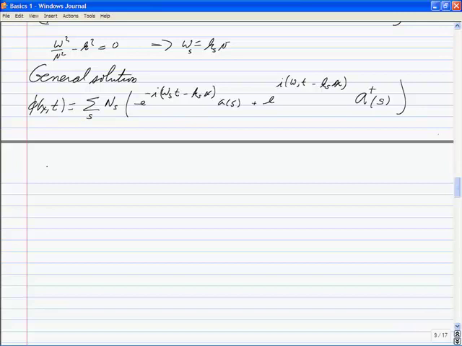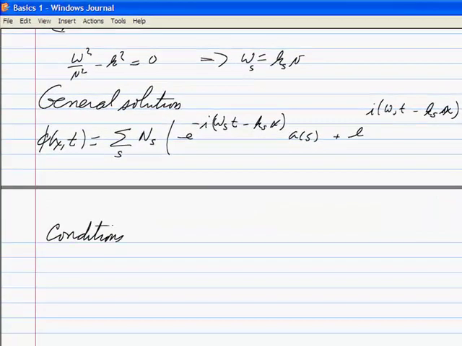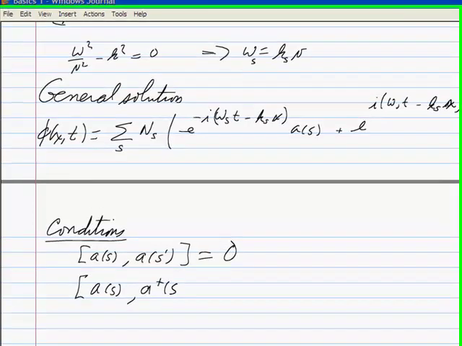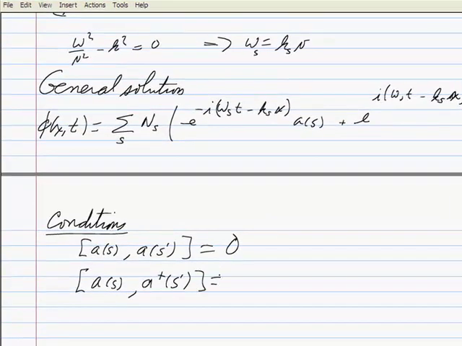So the conditions are, okay, I'll give you the answer and then we'll show it. We're going to take a of s with a of s prime. So two a's, they commute. We're going to take a of s with a dagger of s prime and say that's delta s s prime, the Kronecker delta.